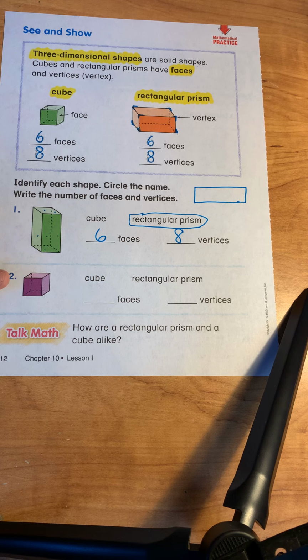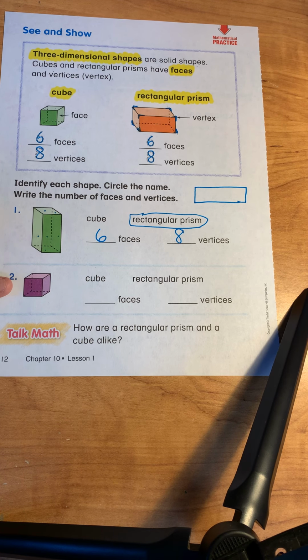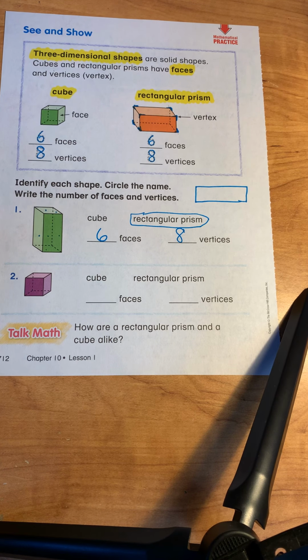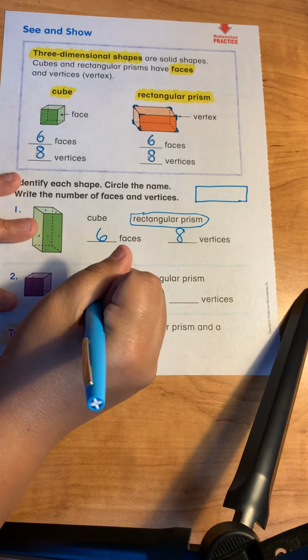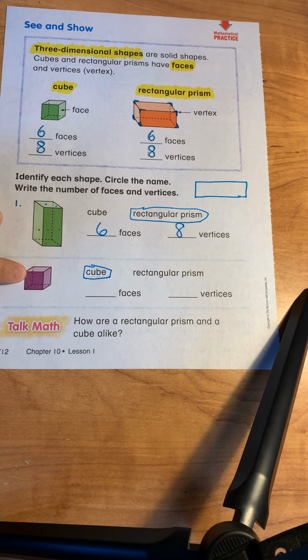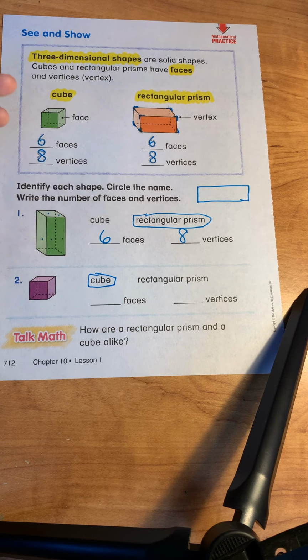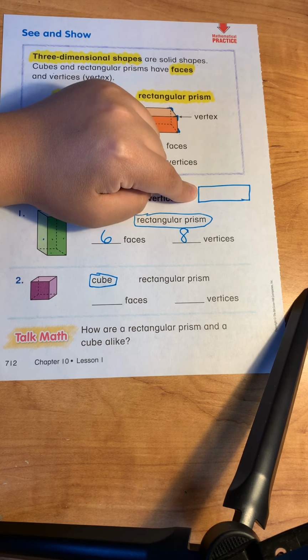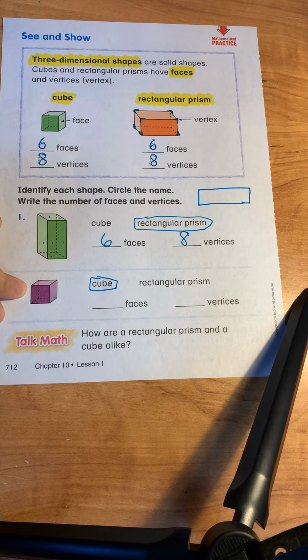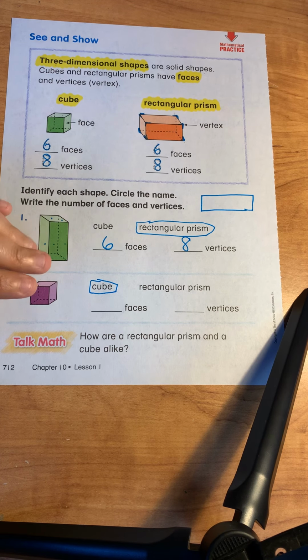Okay, number 2. Number 2, let's look at the picture. Is this a cube or is it a rectangular prism? If you said cube, you are correct. This is a cube. And now by looking at this three-dimensional shape, what can we say that this shape is made out of? What regular shape? Remember, the rectangular prism is made out of a regular rectangle, right? So by looking at this cube, what kind of shape do you think that they use to make it into this three-dimensional shape?